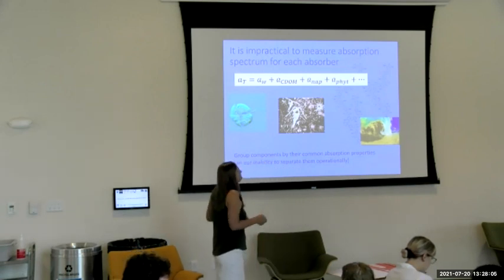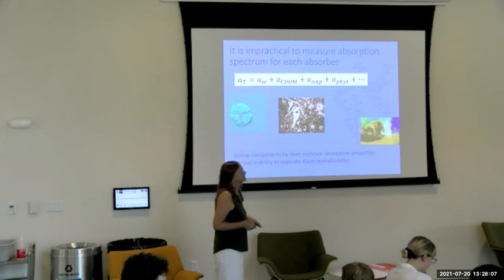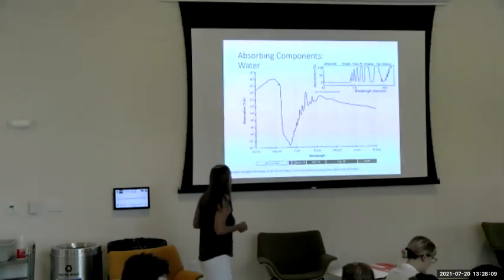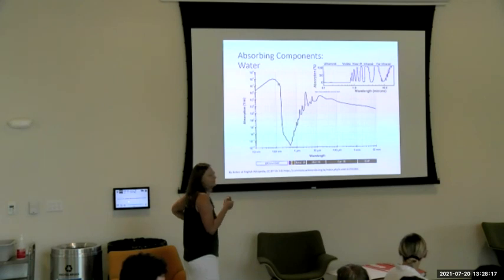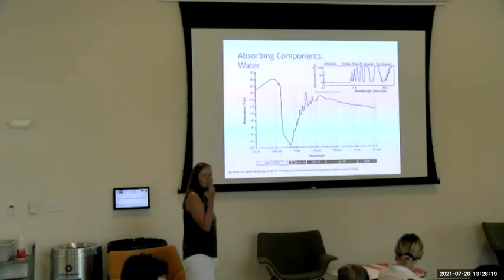So, yeah. All right, so let's talk about water. This is the absorption spectrum of water. You can see it has a lot of peaks associated with its quantized states.